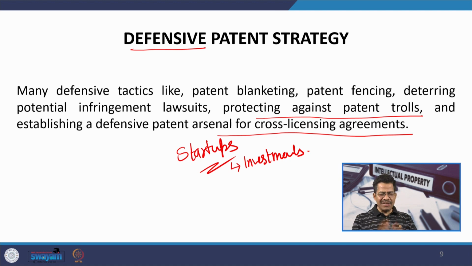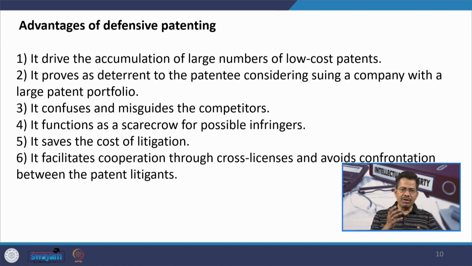So, this defensive strategy can also provide you some kind of offensive scope, but generally we are creating a fencing, a protection for my IP. When we are talking of defensive patenting, that is a large number of low cost patents.